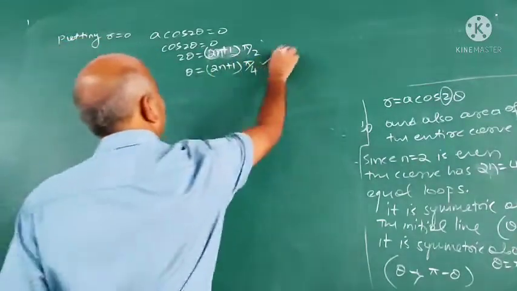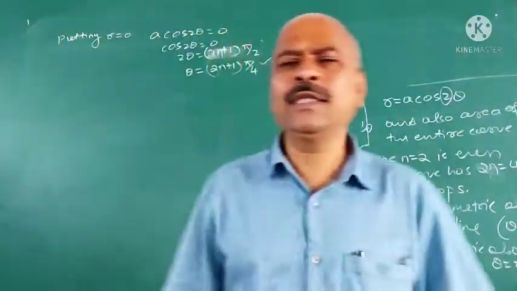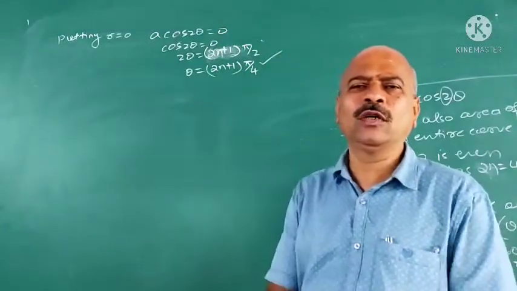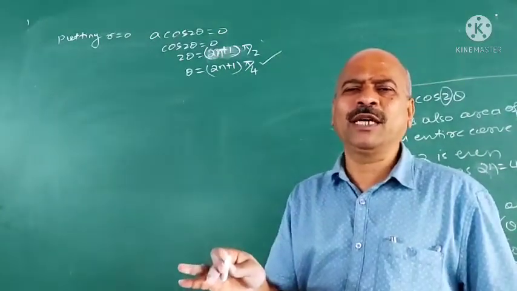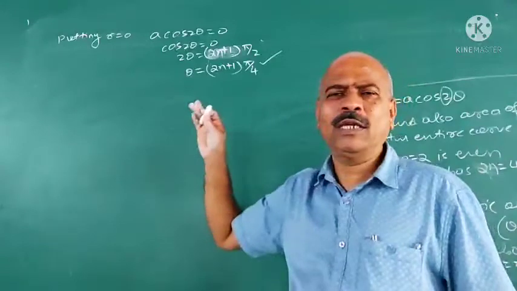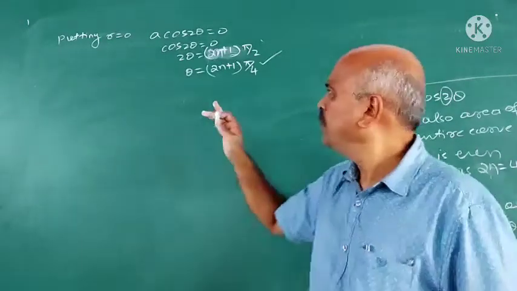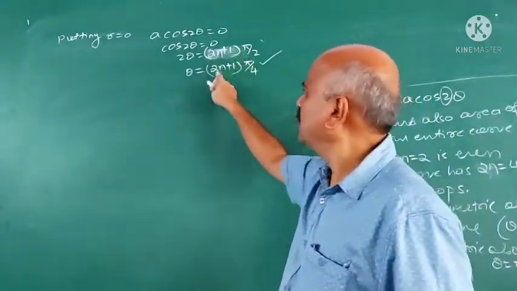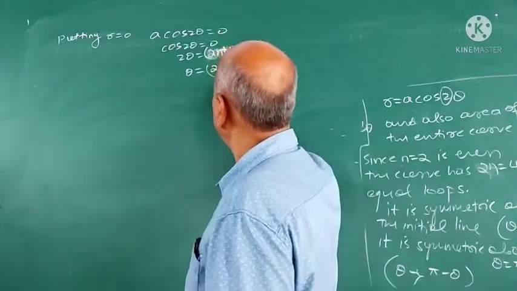See, this gives the tangents at the origin. By taking r is 0, if you get some real value of theta, that represents the tangent at the pole. So theta is 2n plus 1 pi by 4.